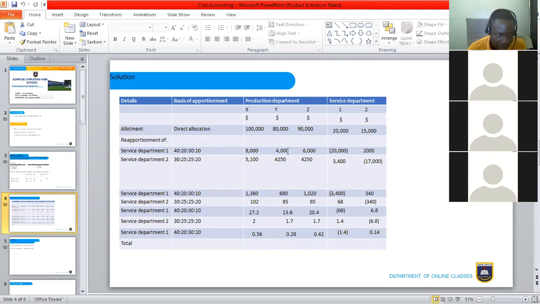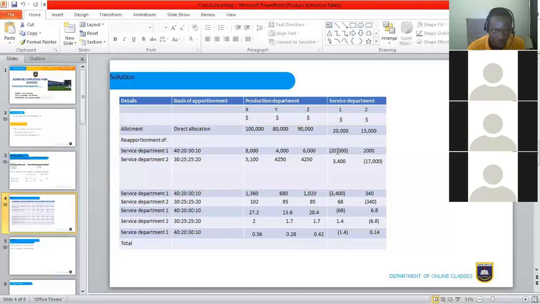And do not forget, we are reapportioning the cost that has been incurred by service department 1, which is $20,000. I told you earlier that the focus is on reapportioning service department costs. That is what we are doing here, using the repeated method.